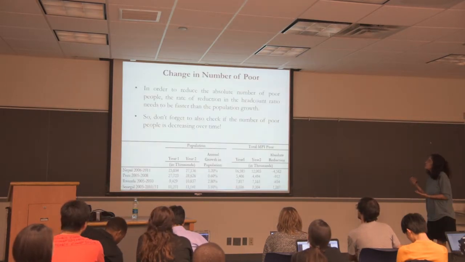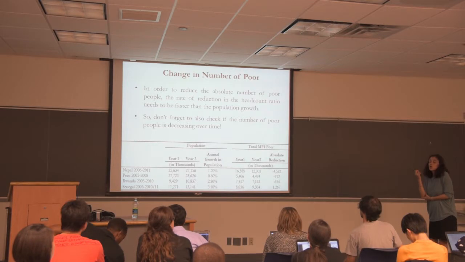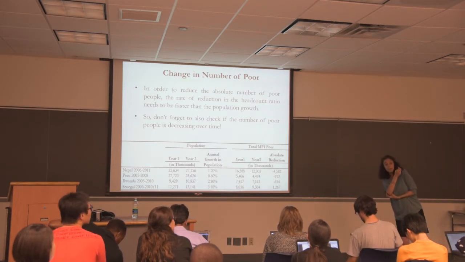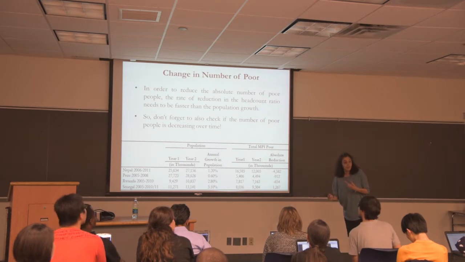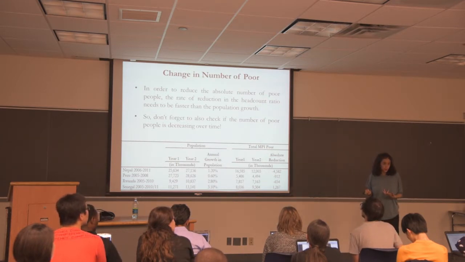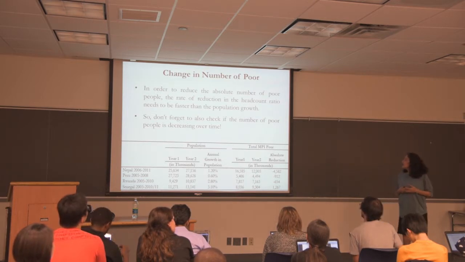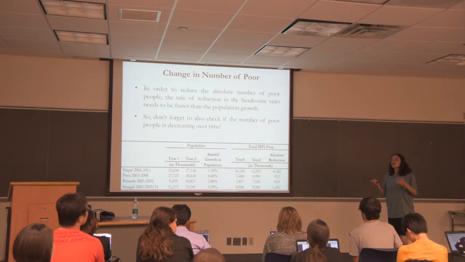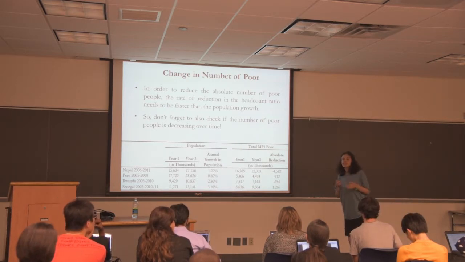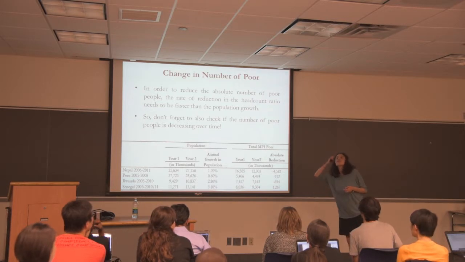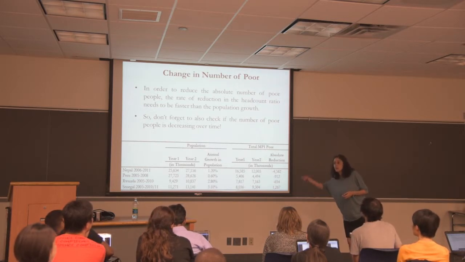So in order to reduce the absolute number of poor people, we have to make the incidence reduce at a higher rate than the population growth. It's important that when we are looking at these changes, we sometimes ask what this means in terms of number of people.